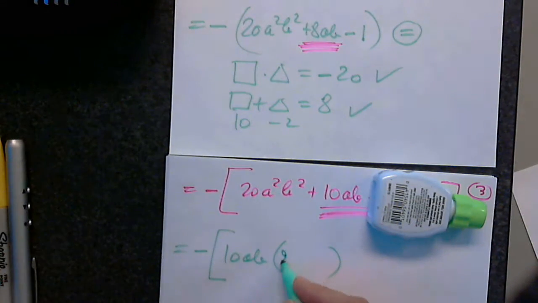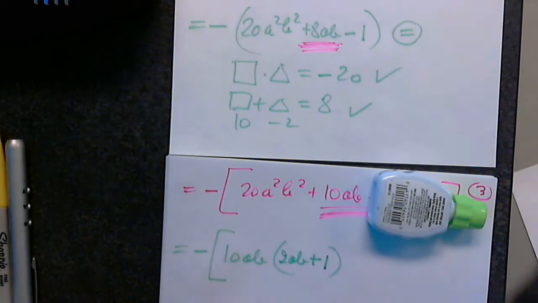Two ab plus 1. That's it. Plus, what should I have coming out from the other 2 before I even look? The reason why I'm writing it first before I look is because I could mess it up. I could mess up the sign. Who knows what I'm going to write? To be on the safe side, I'm going to copy it first. Correct. I know it's there.